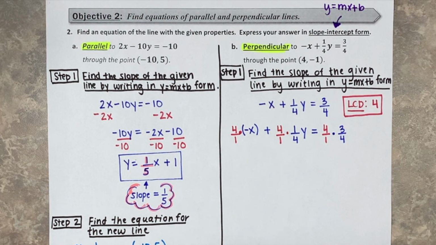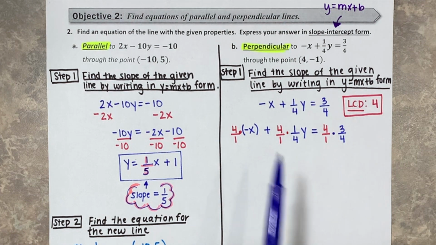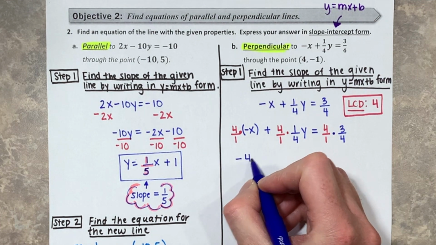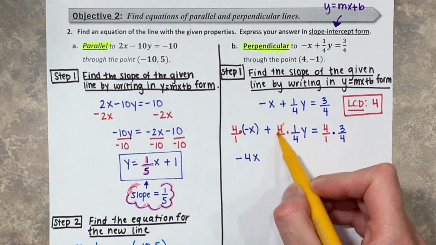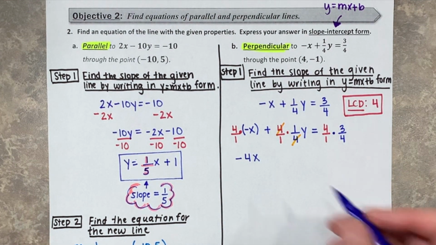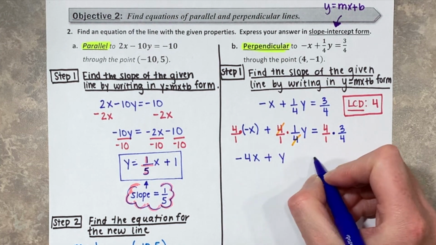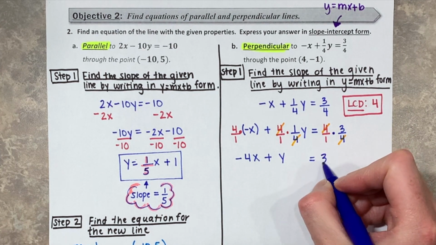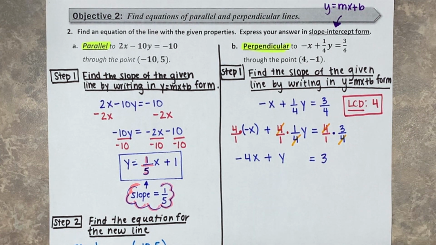Once we cancel, our fractions will now disappear. This is just 4 times -x, which will give us -4x. Here, the 4's cancel, and we're left with 1y, or y. And over here, the 4's cancel, and we're left with 3. So there we see, by multiplying by the LCD over 1, we've gotten rid of the fractions.